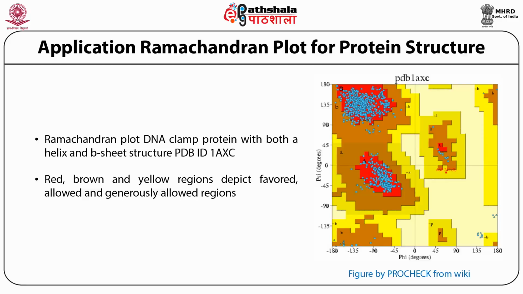One can show that the red region is the most favored region where the majority of phi-psi values are seen. The brown region is the allowed region where you still find a number of phi-psi values, and the yellow region is generously allowed, we can say. This figure is drawn by ProCheck.